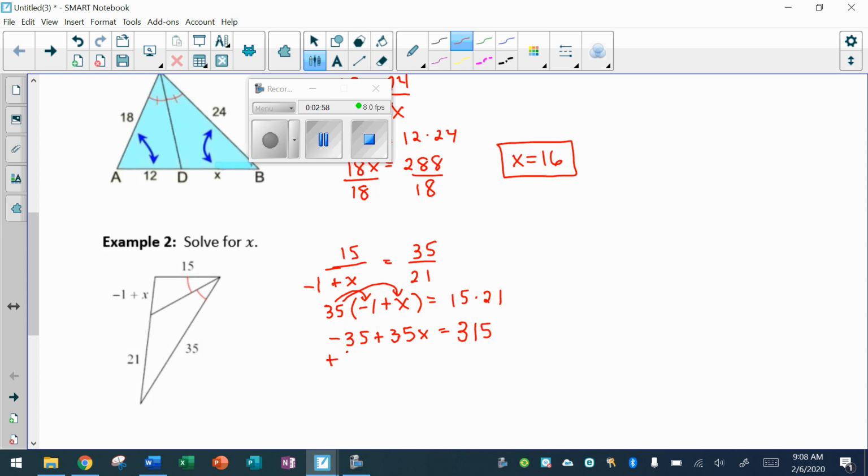So if I add 35 to both sides, I get 35x is equal to, oh, that's 350. If I divide by 35, x should be 10. Again, the hard part is recognizing that this is an angle bisector. And that's only indicated because these two angles have to be equal to each other.